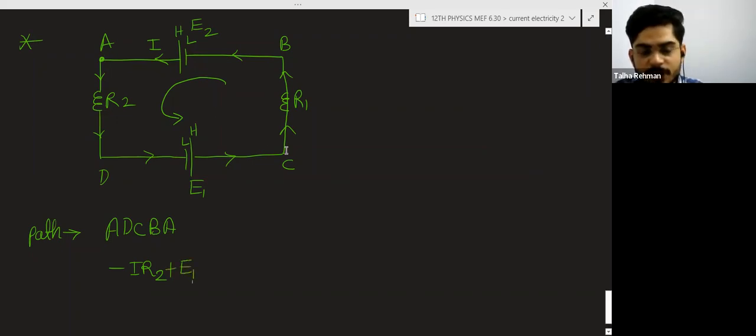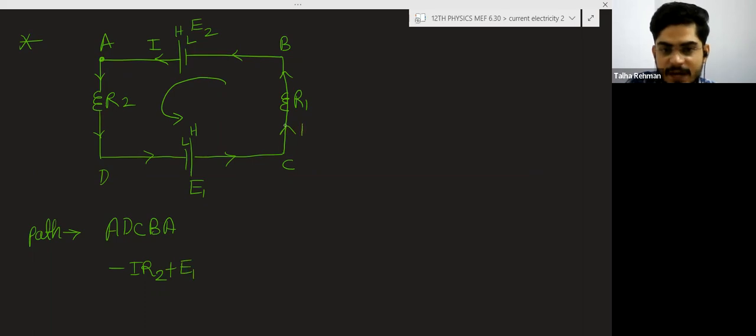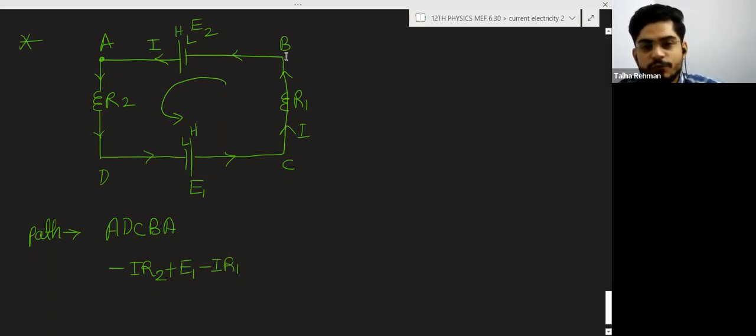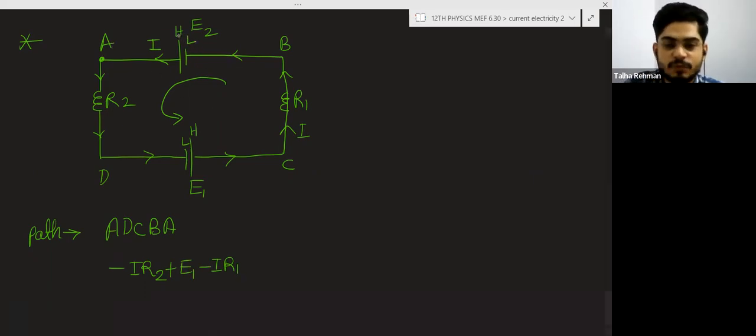Now you move from C to B, in the direction of current, and again the current is I, so you take minus IR1. Finally you move from B to A, from lower to higher potential, so you take E2 as positive. And this is all equal to 0.